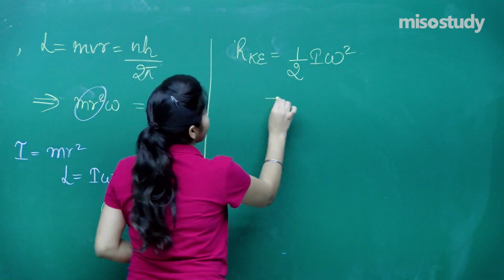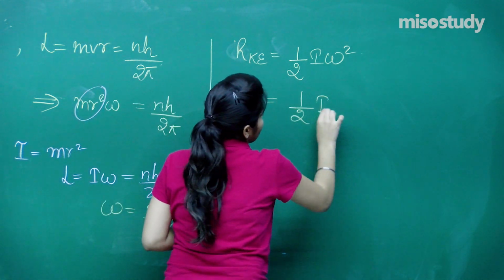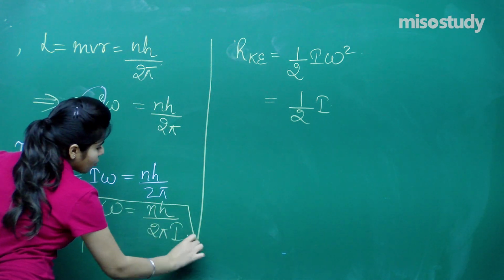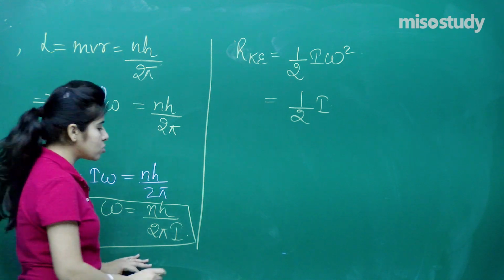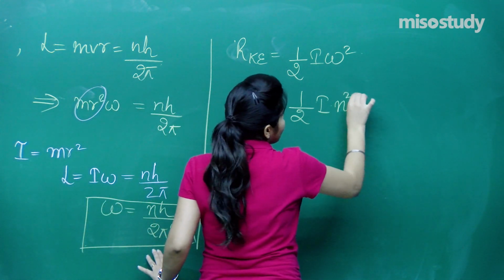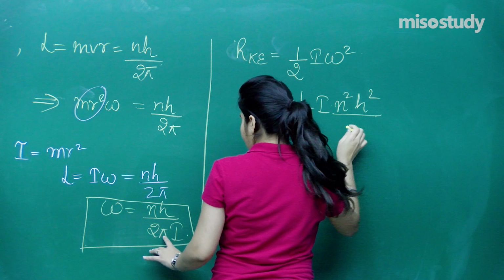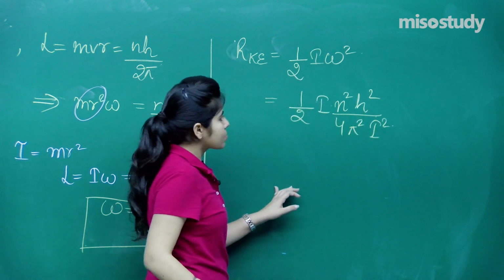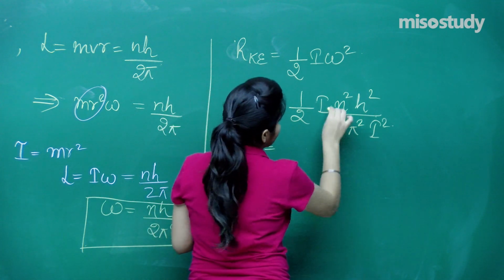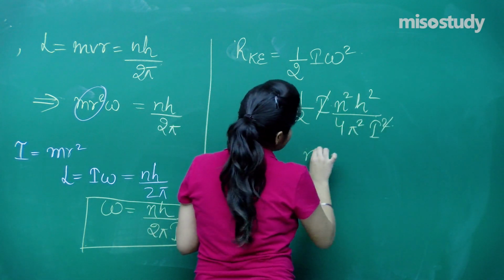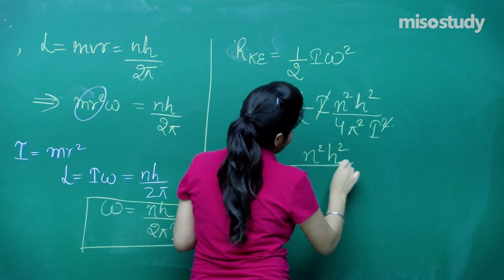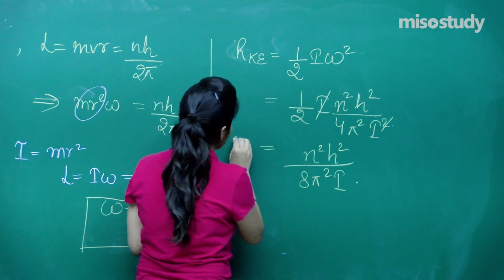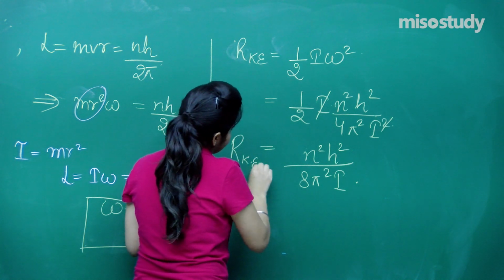So from here I am going to put the value of omega into this. Omega is nothing but nh upon 2 pi I. So we put it here. The value will be n square h square divided by 4 pi square into I square. So this I and I will cancel once, giving n square h square divided by 8 pi square I. This will be the rotational kinetic energy.